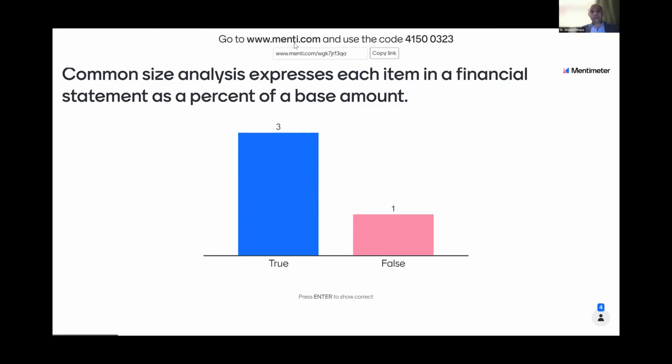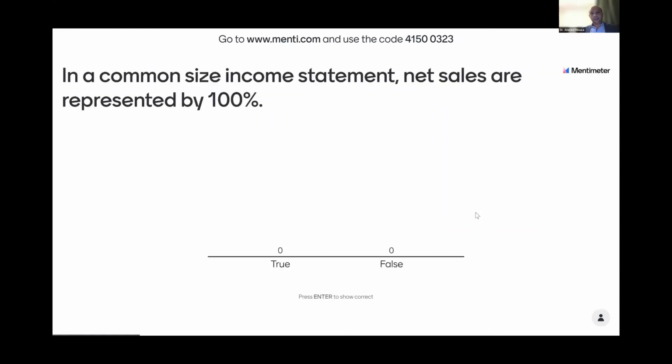If you cannot use the link, just go to menti.com and enter the code. That's it. Common size analysis expresses each item in the financial statements as a percentage of a base amount. Yes, that's very good. True. Exactly. Amazing.